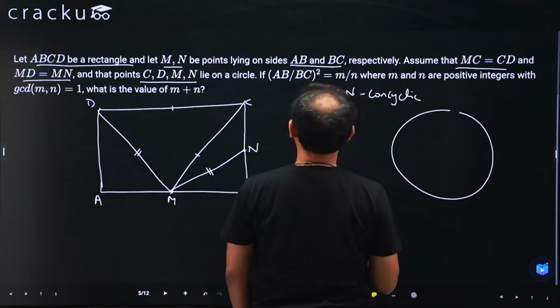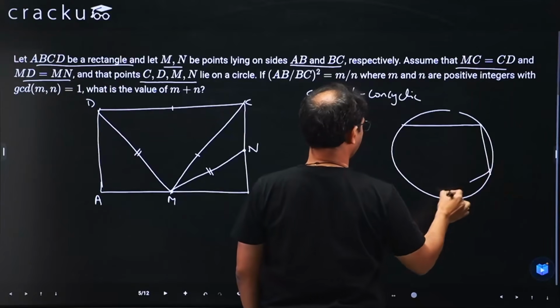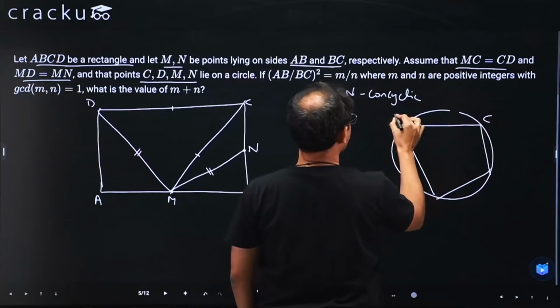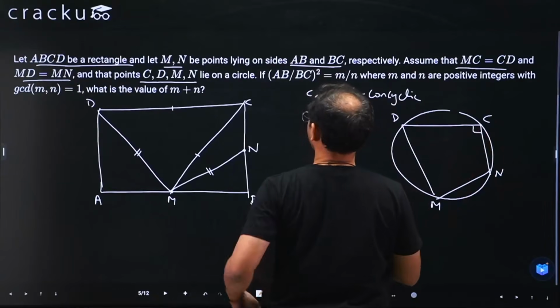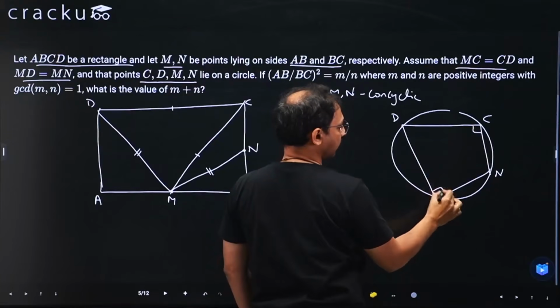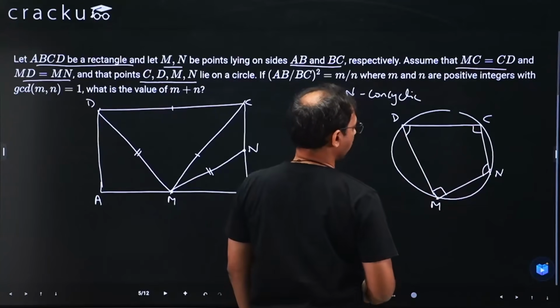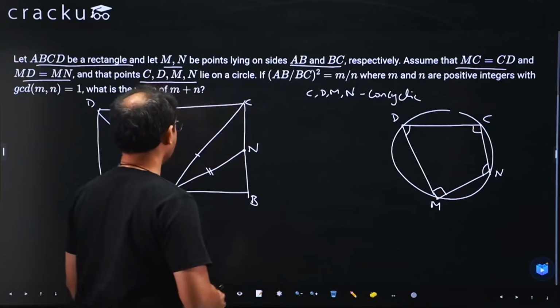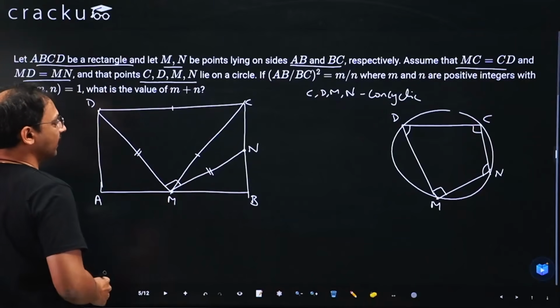If you imagine a circle passing through them, we have a diagram something like this. C, D, M, N. Now this is 90 degrees. That's an angle of a rectangle. So in a cyclic quadrilateral, the opposite angle is also 90, and the sum of these two will be 180 again. So I have angle DMN is 90 degrees.